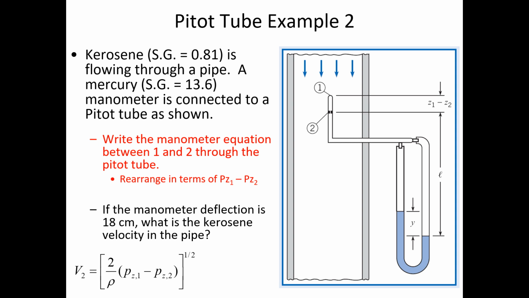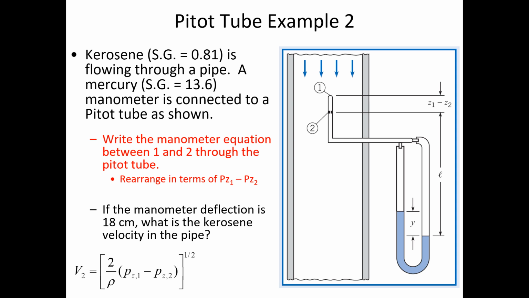Okay, so let's just rearrange this equation a little bit. We've got P1 plus gamma of kerosene times Z1 minus the gamma of kerosene times Z2. Okay, I've expanded out this equation by multiplying gamma by both of the terms that were inside the parentheses.